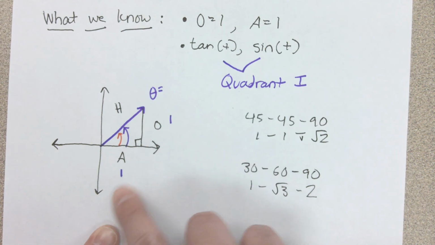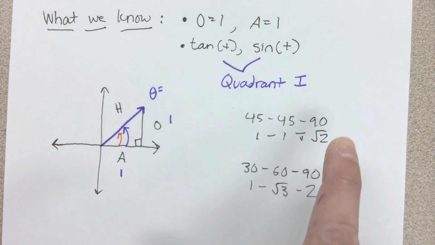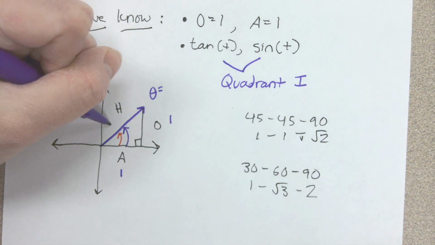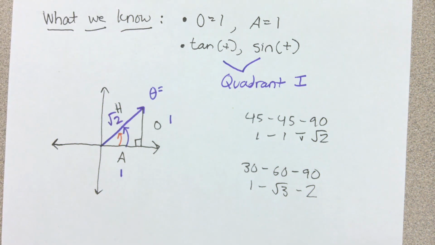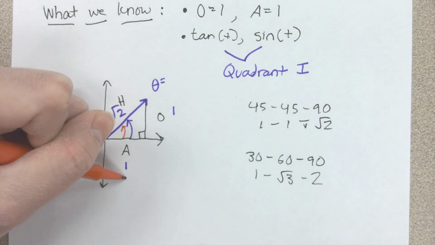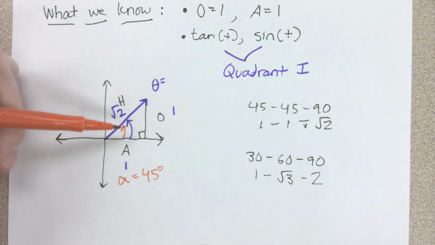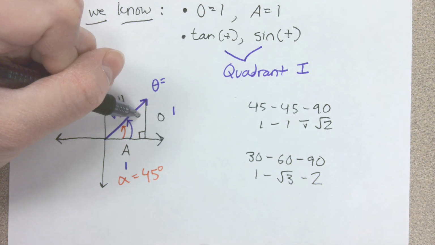And we have 1 and 1 for the two legs, so clearly our hypotenuse is going to have the rad 2. Based on that information, we now know that alpha is 45 degrees, because these are both going to be 45-degree angles.